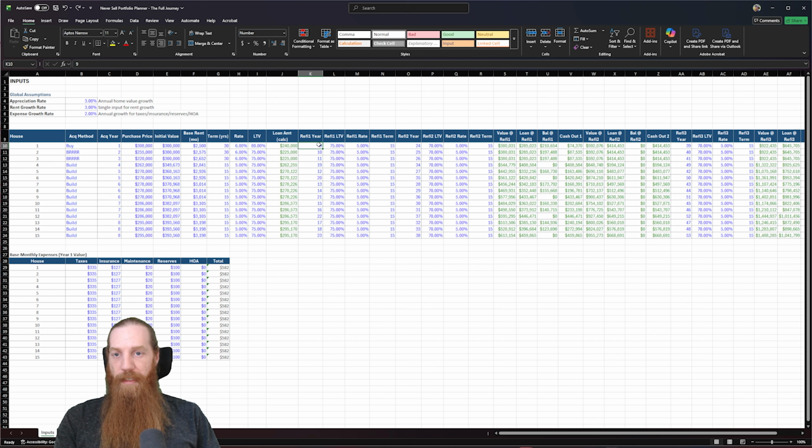So in this case, the refis start on years 9, 10, 11, 19, 12. This is following exactly what was in the book. The reason it jumps around a little bit is that, for example, house number 4 doesn't get refinanced until year 19, whereas these other ones are getting refinanced much sooner.